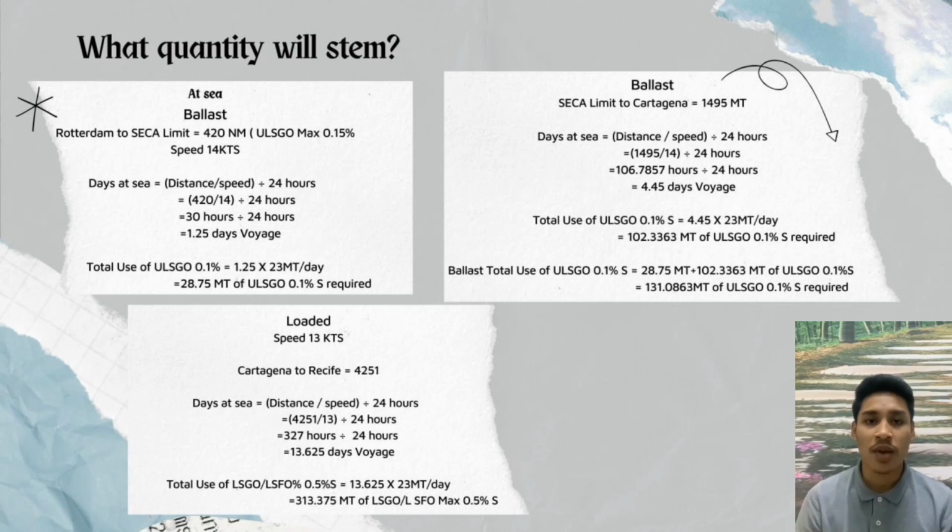Okay, next is ballast. When the Sika limit to Cartagena the value is 1,495 MT, so we calculate days at sea with the distance: 1,495 divided by 14 and divided by 24 hours, we will get 4.45 days voyage.